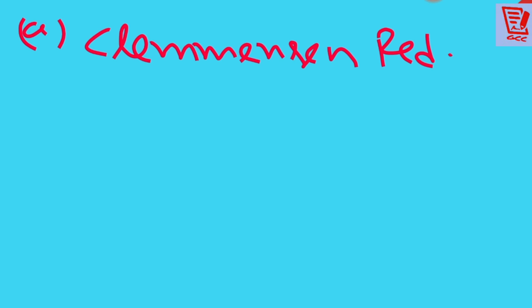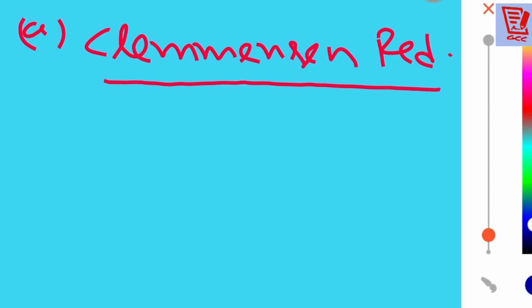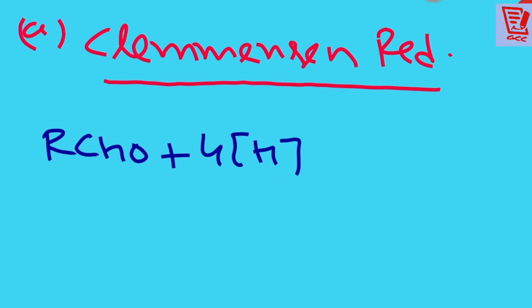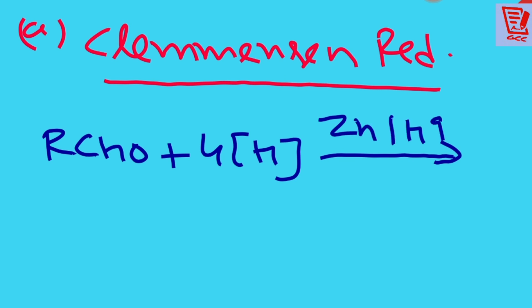I'm going to start with number one, Clemmensen reduction. What is it? When we study this Clemmensen reduction, usually we do it with zinc amalgam and concentrated HCl. You must see, all of you, RCHO, and I am adding the hydrogen. Remember, it's very important, zinc amalgam means mercury, and concentrated HCl.